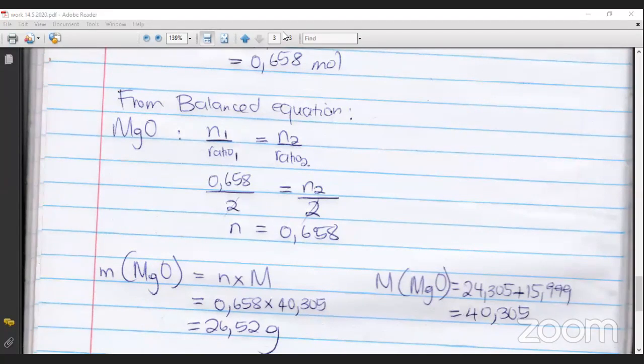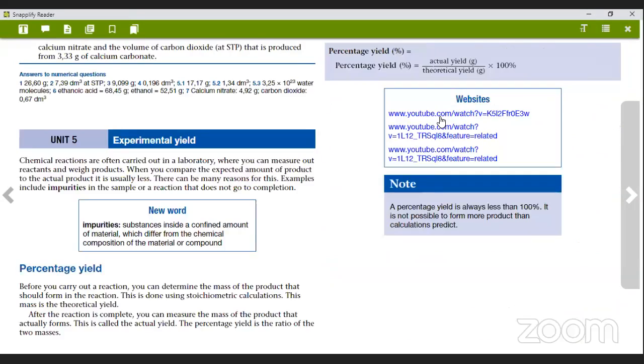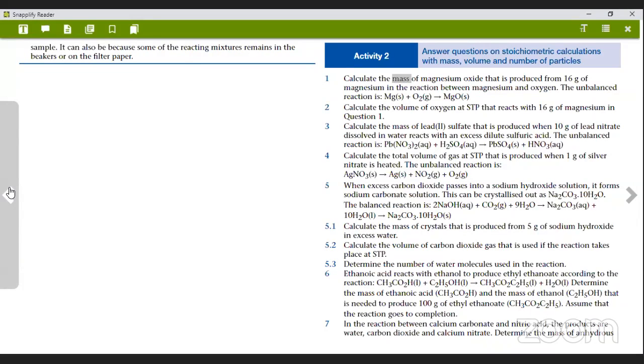So let's go back to the problem now. So yes, the answers are more or less the same. If you check from the solutions, it's 26.6, but we know it's because of all the decimal places, using different decimal places also has an effect on the answers that you get.